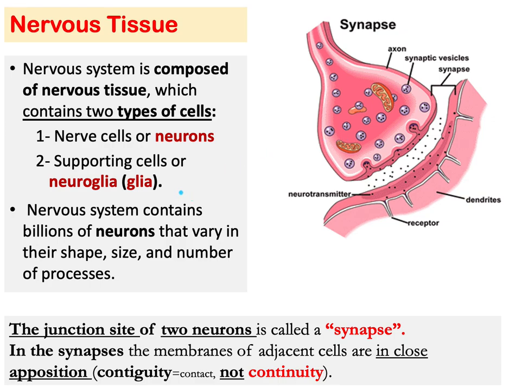Now, when you say nervous system, what comes to your mind, of course, is nervous tissue.